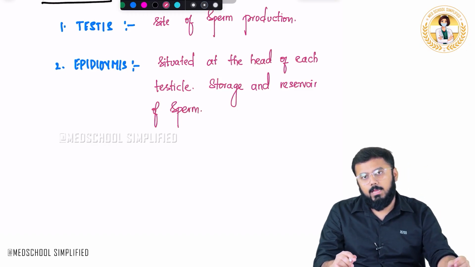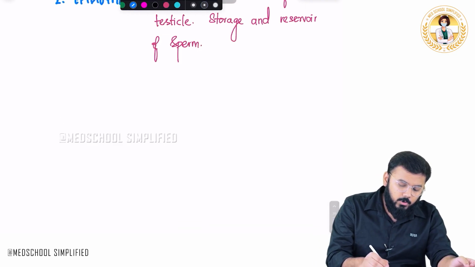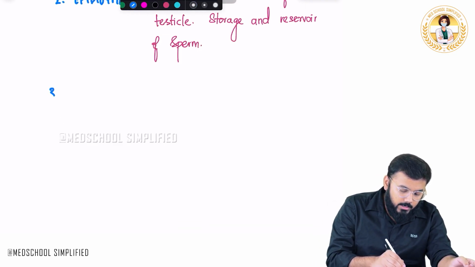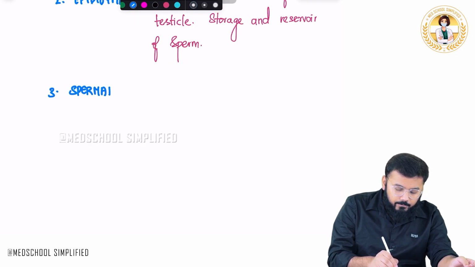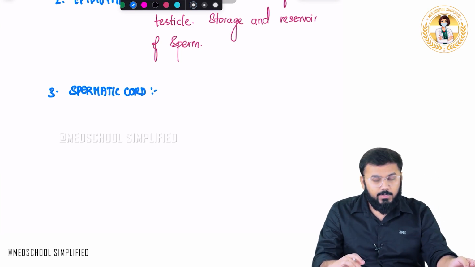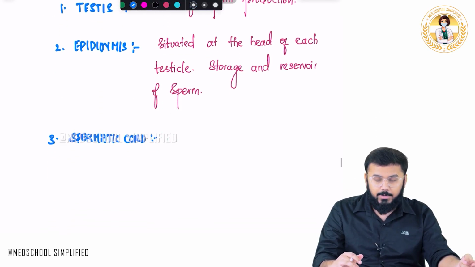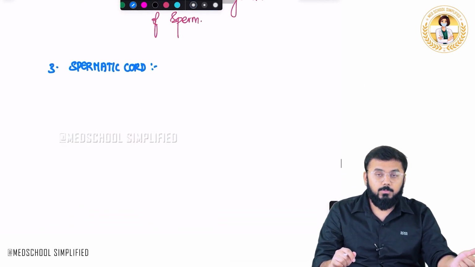Next, the third important thing over here is the spermatic cord. So, what are the contents we have discussed so far? The first is the testis, the second is the epididymis, and the third is your spermatic cord.